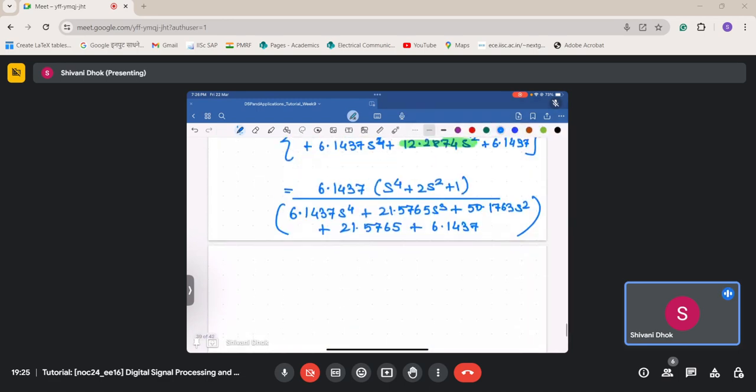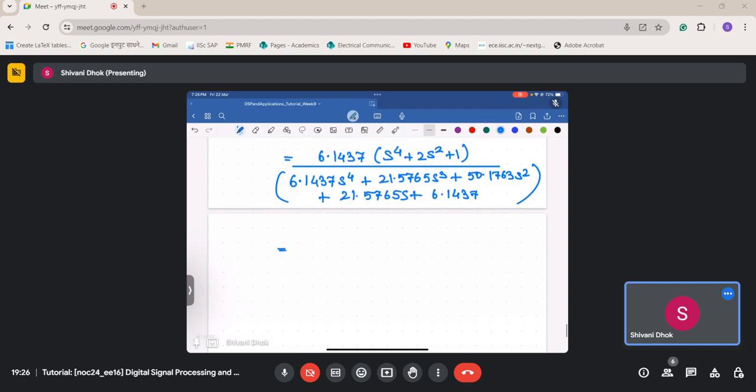Now let us try to simplify this. If we observe carefully, this term here is a little bit common. So we can simply divide by that term in numerator and denominator.